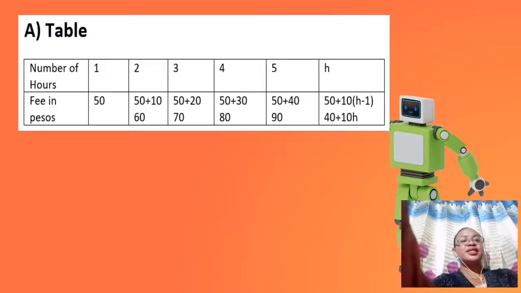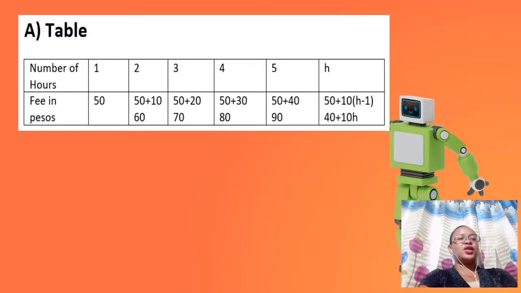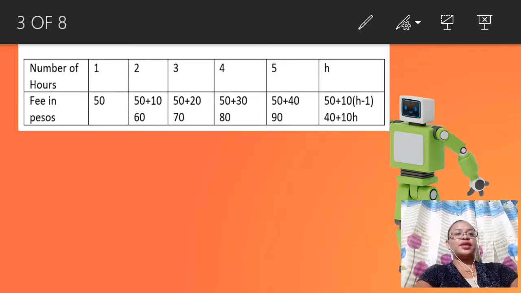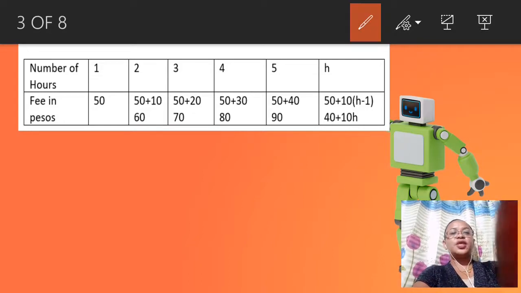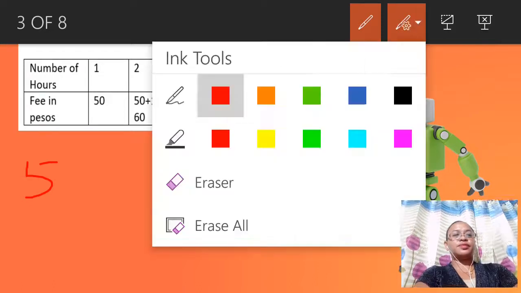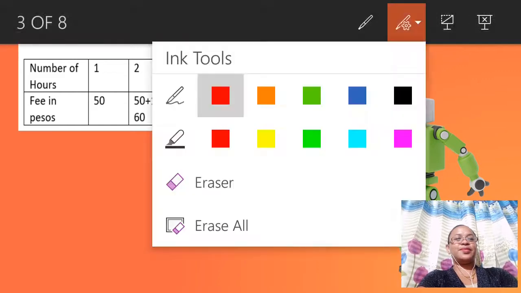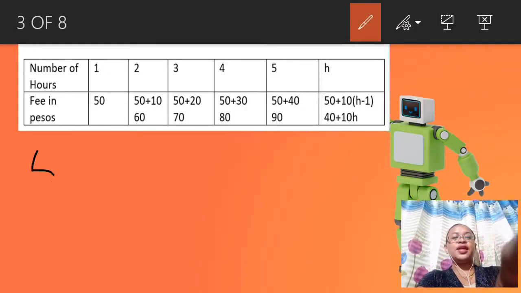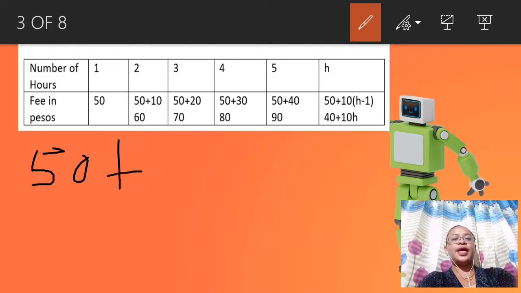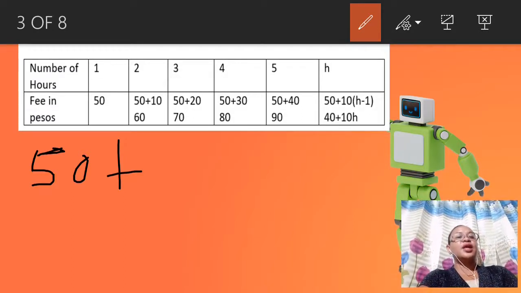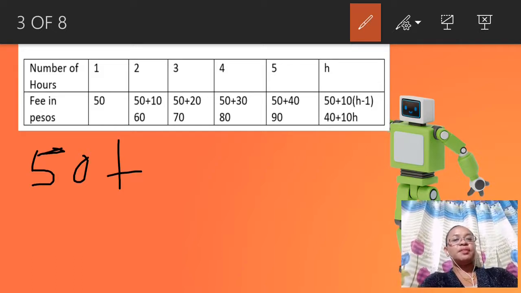And so from the situation, we know that in the first hour, you will pay 50 pesos. Okay, so 50, that's for the first hour, plus an additional 10 pesos.